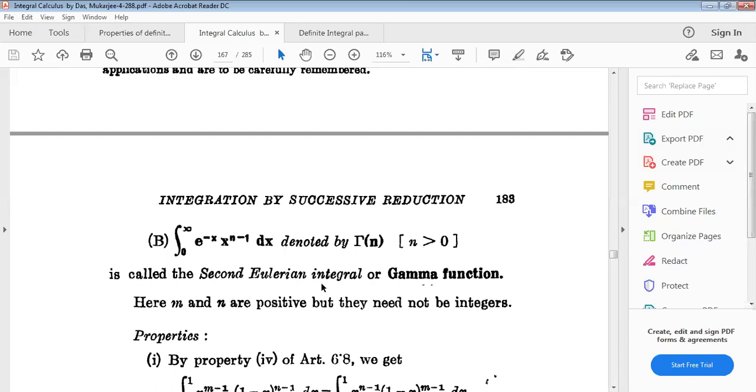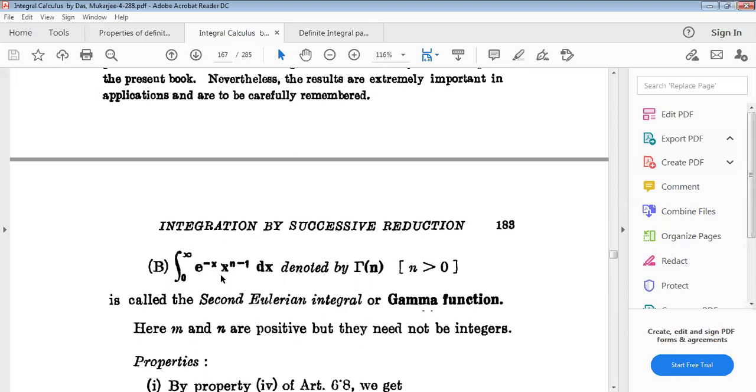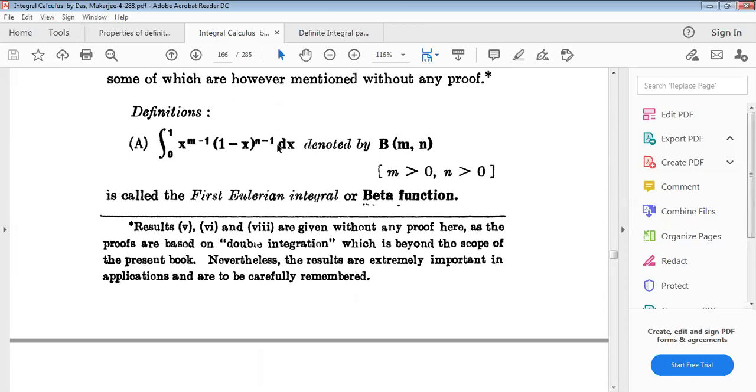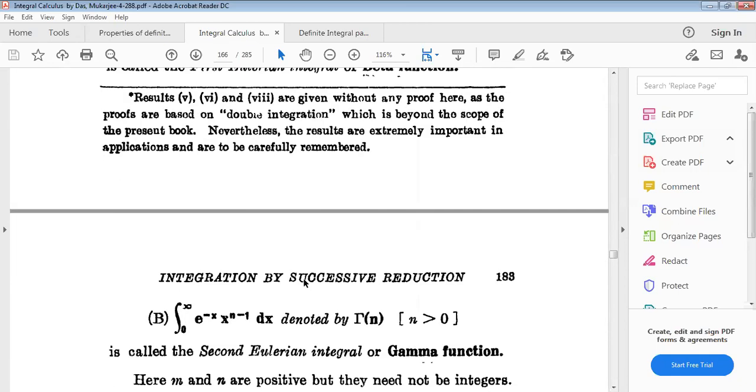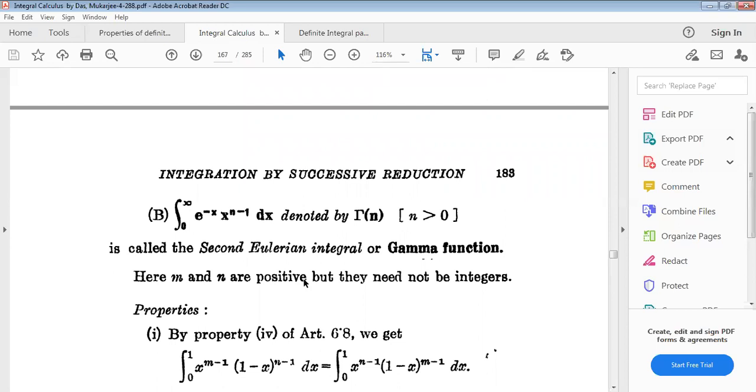It is called the second Eulerian integral or gamma function. We have to remember these two formulas, the gamma function formula and the beta function formula. This is the definition of the gamma and beta functions.